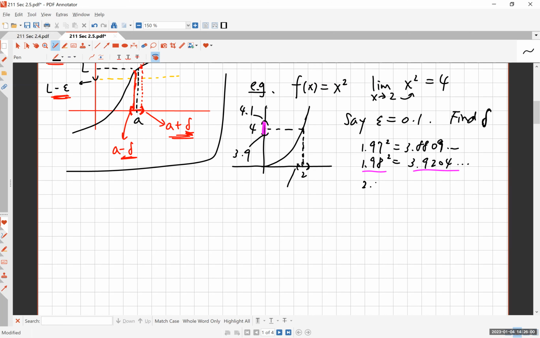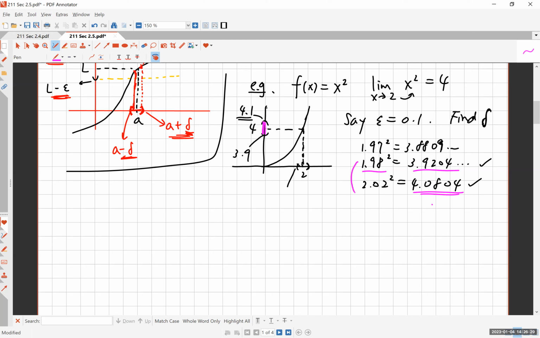All right, how about 2.02 squared? That's also 0.02 units away from 2. If you calculate this, you get 4.0804. That's okay too. It's less than 4.1, right? So these two values are both within the target, less than 0.1 units away from the number 4, which is the claimed limit.